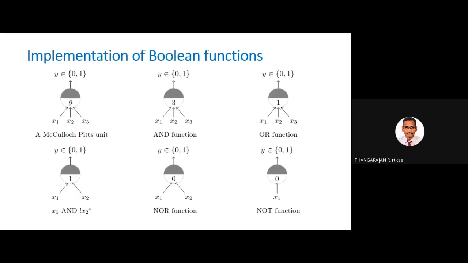When both inputs are 0, only at that time output is 1, because the threshold is 0. So when both inputs are 0, the sum is 0, the threshold is 0. So at that time output becomes 1. But for all other conditions, when any one of the inputs is 1, it is connected by an inhibitory edge. So in that case, the output always goes to 0. Okay, so this is what you have to remember.